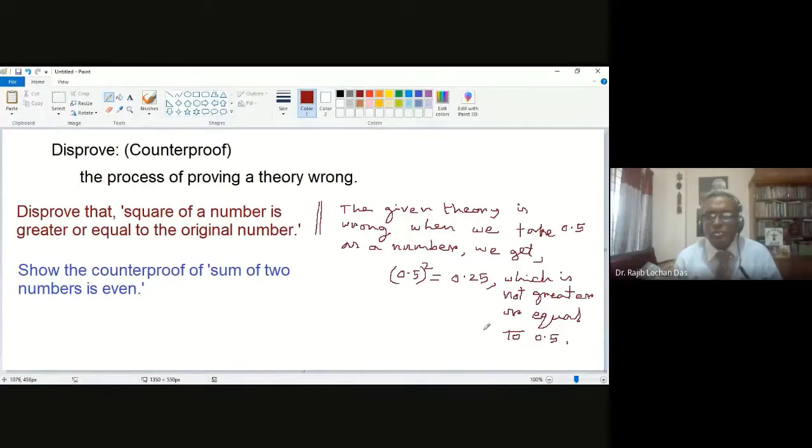So it is disproved. So that's it. You can just make your answer like that.